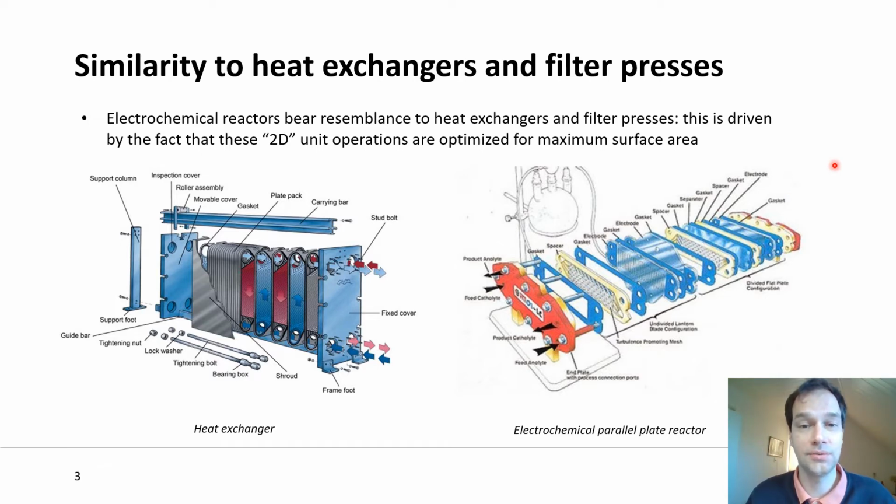And you can see there are quite some resemblances. Basically, both heat exchange and an electrochemical process are a 2D process. It needs a lot of area. And for those types of processes, these stacks are just the best solution.